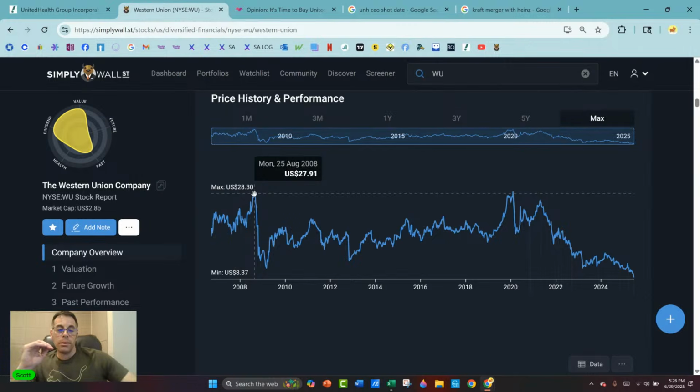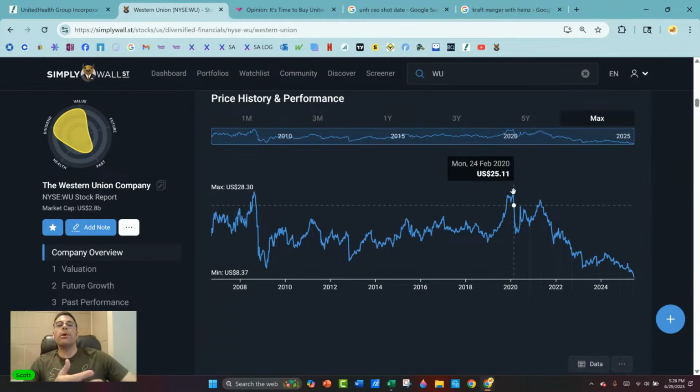So 2008 was, so right before COVID in 2020 and 2008, those two time frames are the peak. That's kind of like the resistance point for this stock, and it probably won't break this level ever again.